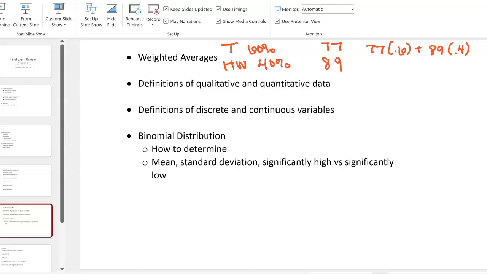You either pass or fail, or yes or no. All right, be able to find the mean. You will be given formulas here. So the mean is n times p. The standard deviation was the square root of npq. And then here I have the list about the significantly high versus low, which is more than 2 standard deviations away.